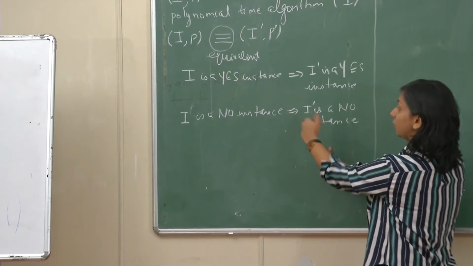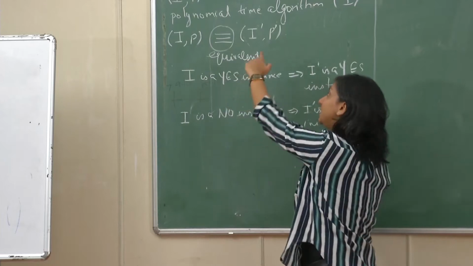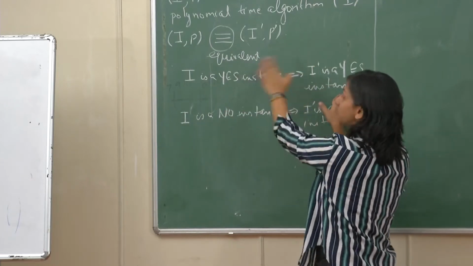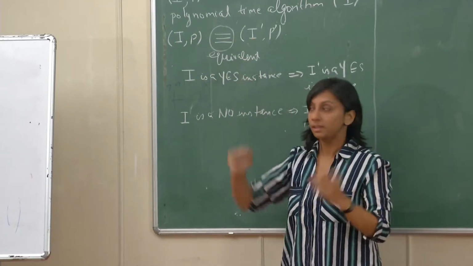The contrapositive of this is if I prime is a yes, then I is a yes. So if it indeed says yes, this is a yes, and similarly if this says no, it's a no, right? So we can forget about this instance now and talk about this instance.